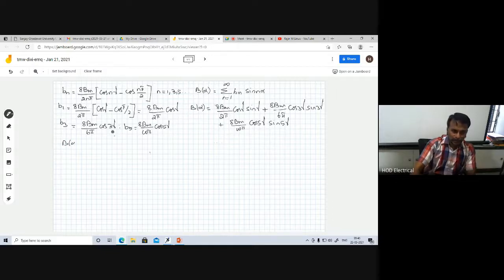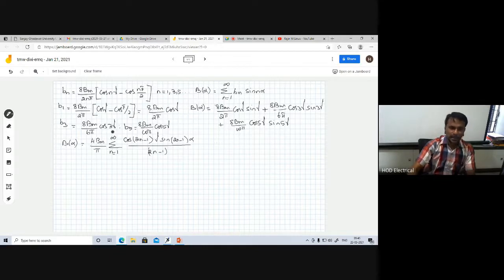So B of alpha equals 4 Bm by pi outside, then summation n equal to 1 to infinity, where n varies as 1, 3, 5, so that we can write cos of (2n minus 1) gamma into sine of (2n minus 1) alpha, divided by (2n minus 1).